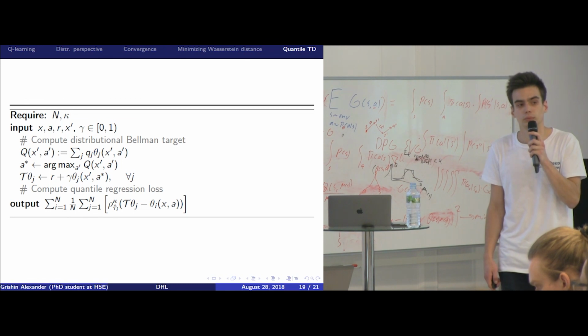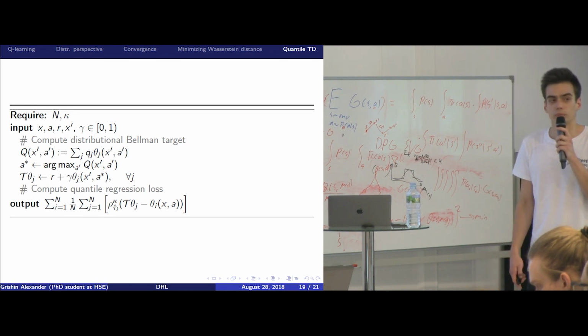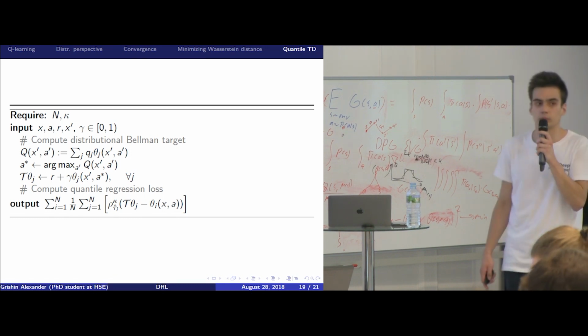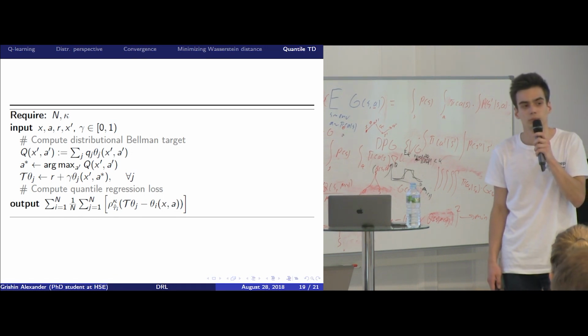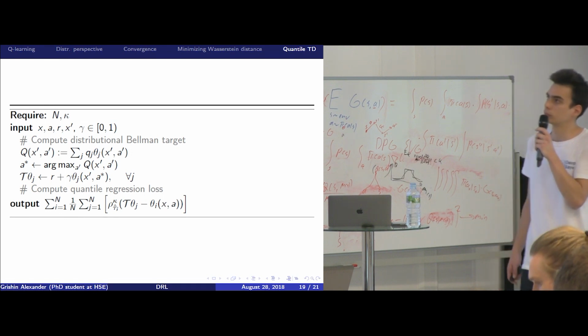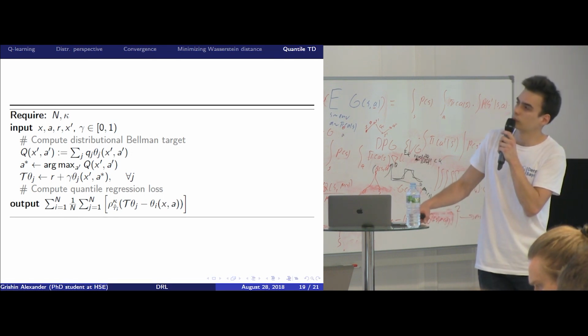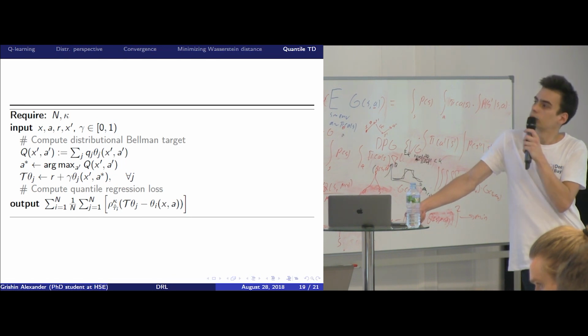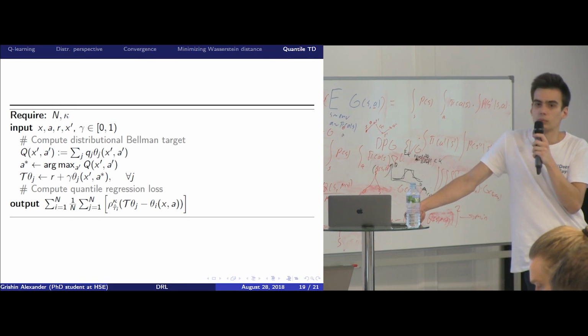And why do we need some optimization if both Q on x and a and Q on x prime a prime are both sum of n Dirac functions with just moved points?